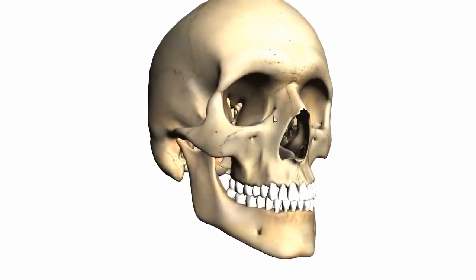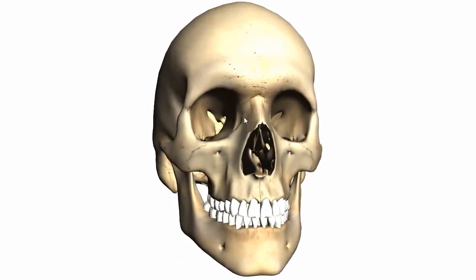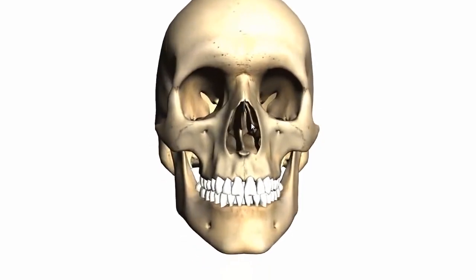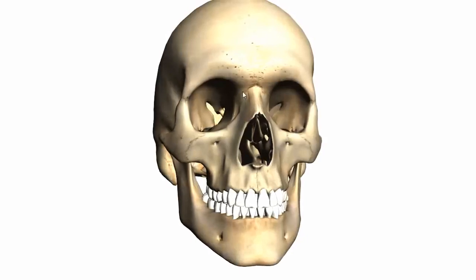And here you've got this bone here, the maxilla, and this, as you can see, makes up the medial part of the orbit. It's got a few processes. A process is just something that basically sticks out. This process here is called the frontal process because it articulates with the frontal bone.